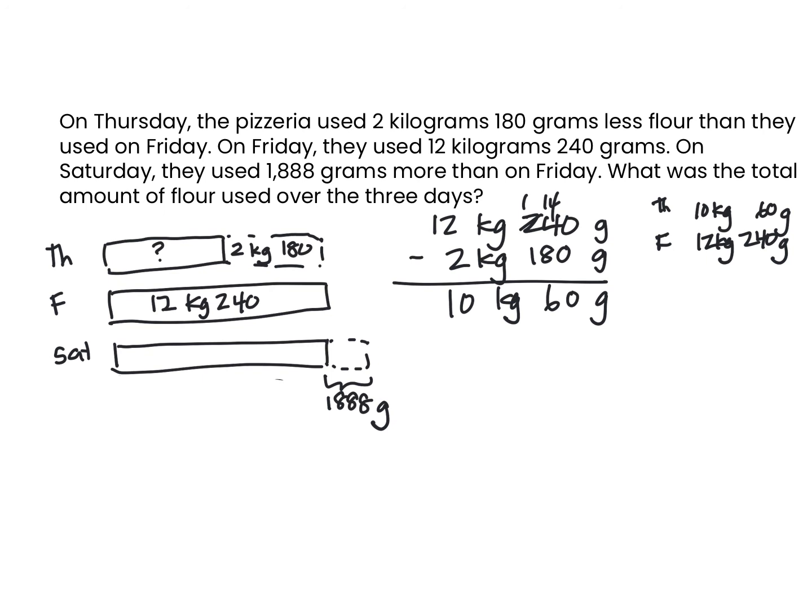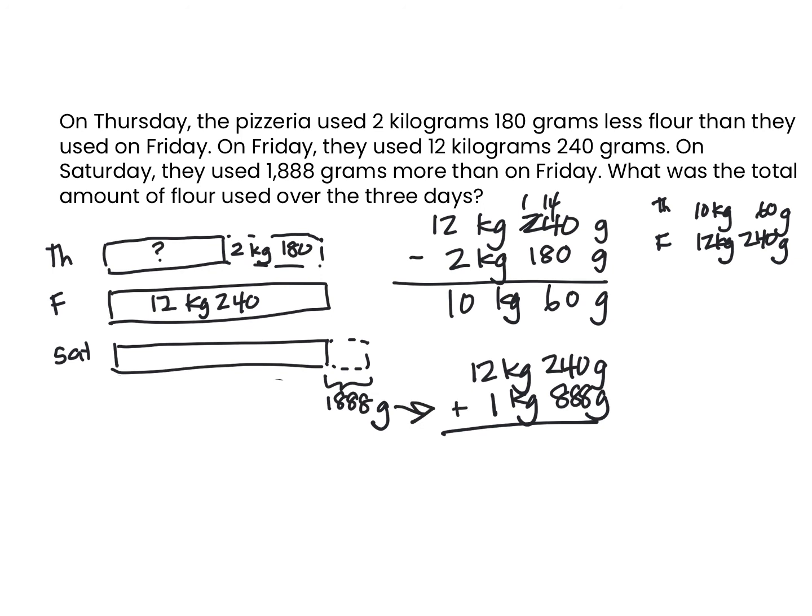So that means we're going to take our 12 kilograms and add the 1,888 grams. I know that 1,000 grams is equal to 1 kilogram. So I'm going to put this into kilograms and grams. So 1 kilogram, 888 grams.